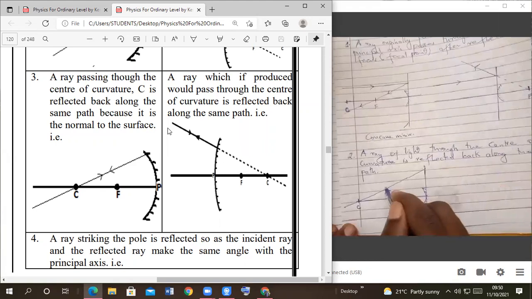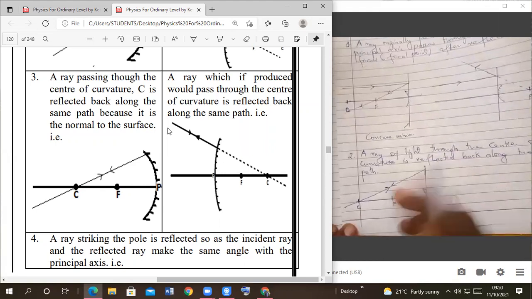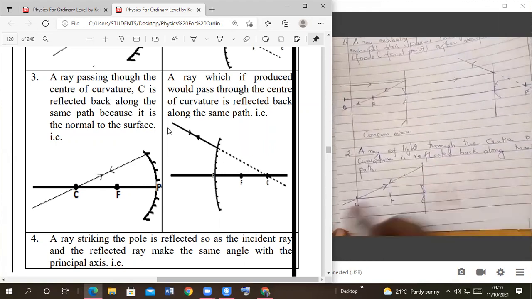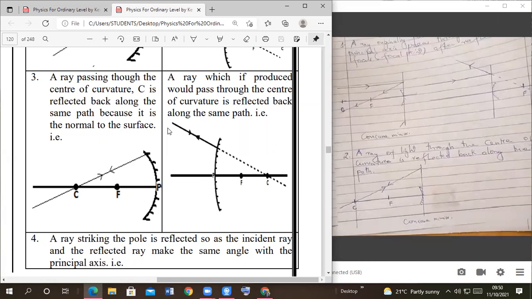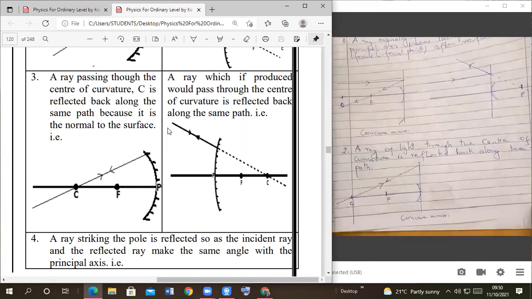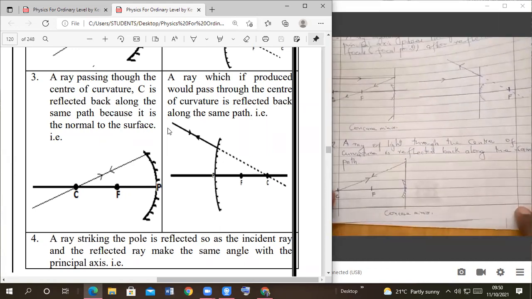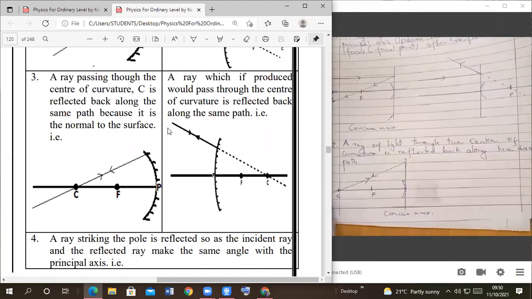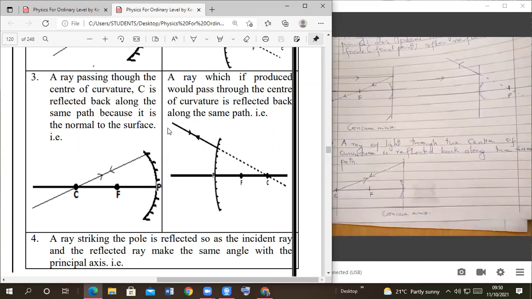So it will be reflected, incident and reflected along the same path. Along the same what? Along the same path. Like that. Have you seen that, members? So every ray that is passing through the center of curvature will be reflected back along the same path.